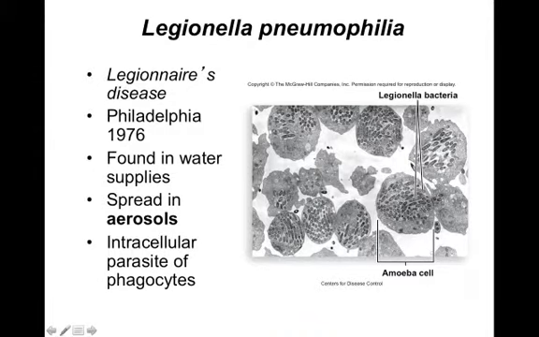Then the Legionella bacteria takes over the amoeba for all intents and purposes, and starts to bud off of the amoeba. As it buds off, it becomes aerosolized, and if it's in the AC duct, these aerosols can then be spread throughout the air conditioning system, resulting in this pneumonia.